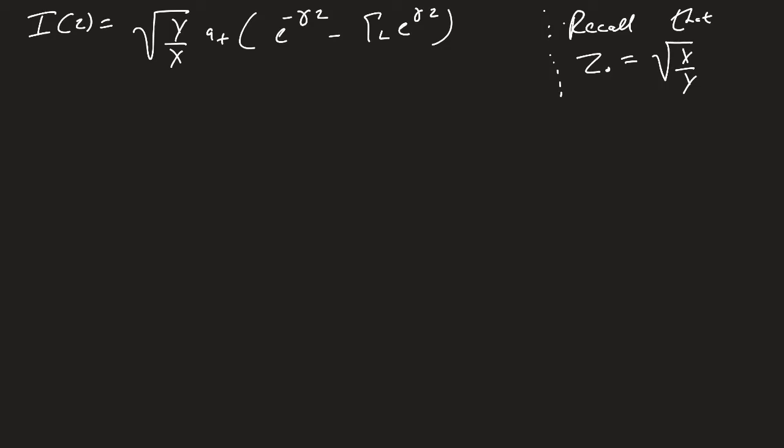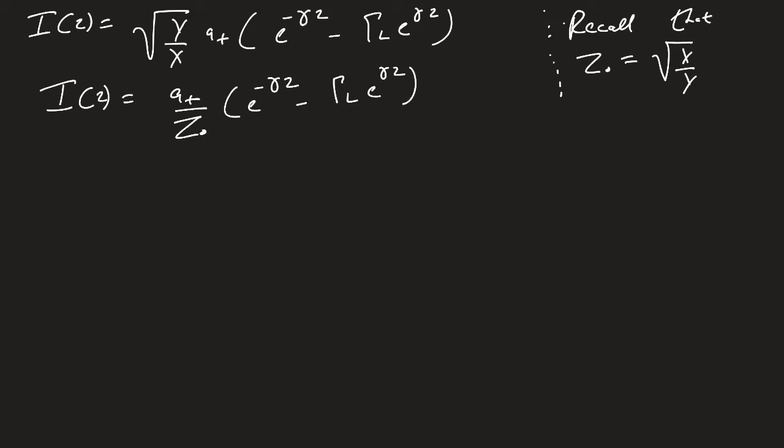This is what we derived a few slides ago. So I of z becomes equal to a plus over Z0 times e to the minus gamma z minus gamma L e to the positive gamma z.